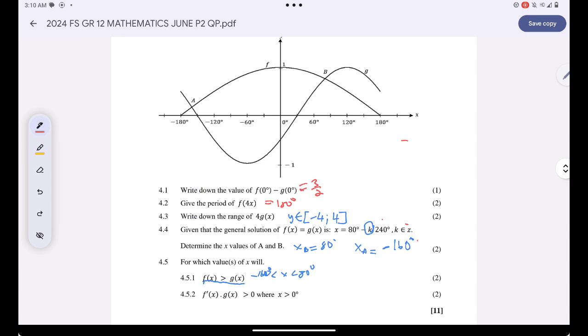They said I must focus when x is greater than 0, so I'll focus on the right hand side of the y-axis. f prime of x just represents the gradient, or whether our graph is increasing or not. If our graph is going down, it is decreasing, and when it's decreasing, it will have a negative gradient.